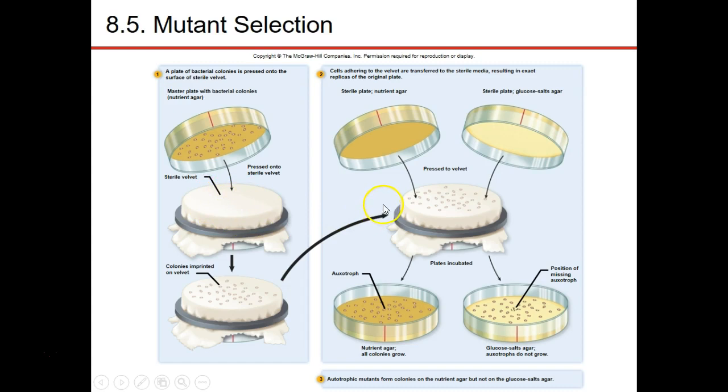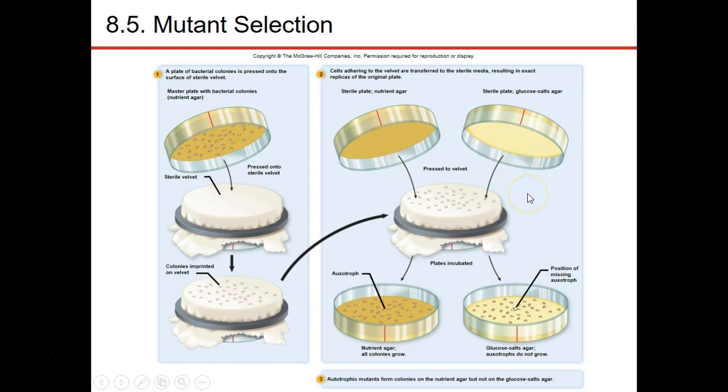Then we take a plain, sterile nutrient agar and a glucose salt agar that does not contain all the nutrients. So this one would be excluding the histidine or the tryptophan, whatever it is we're looking for, cells that cannot grow without histidine or tryptophan. We press the velvet onto both of these plates.